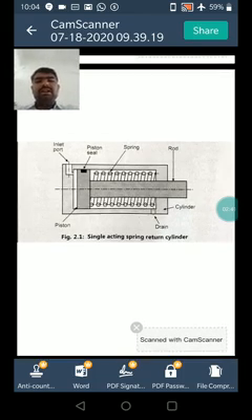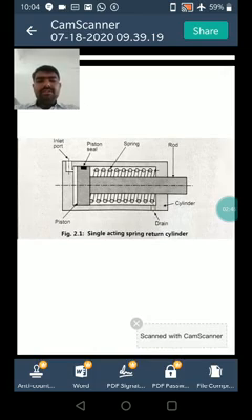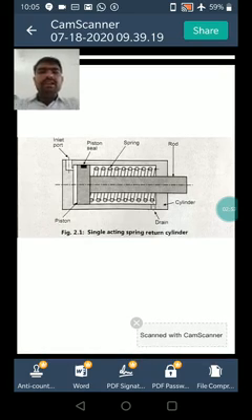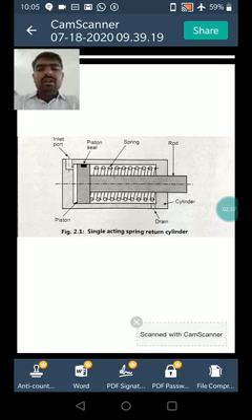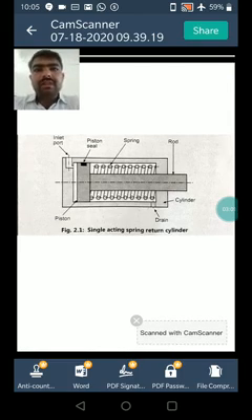This is the diagram of a single acting cylinder. In that there is an inlet port, piston seal, spring, rod, cylinder, piston and drain. Figure 2.1 shows the single acting cylinder diagram.